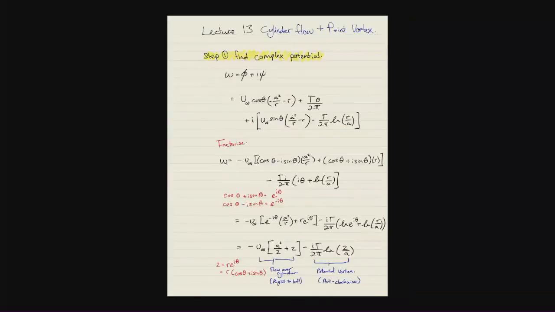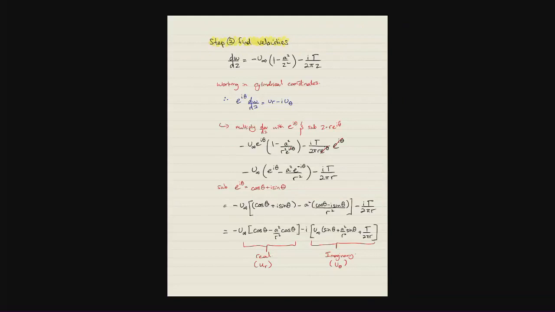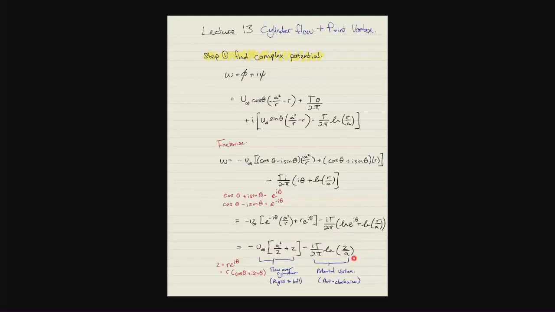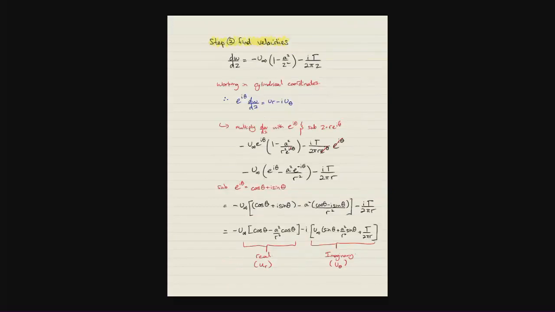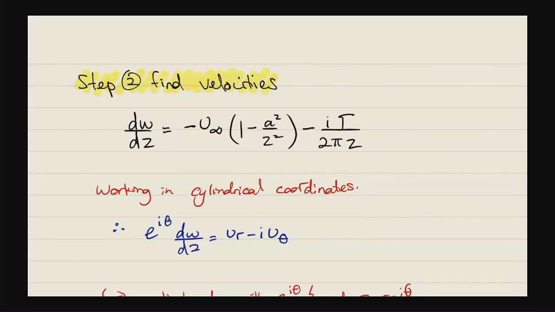So you can expand this term here: I can write it as negative i gamma over 2 pi ln Z minus i gamma over 2 pi ln A. And then when I differentiate it, I won't have the A term there anymore. So I just end up with this term.